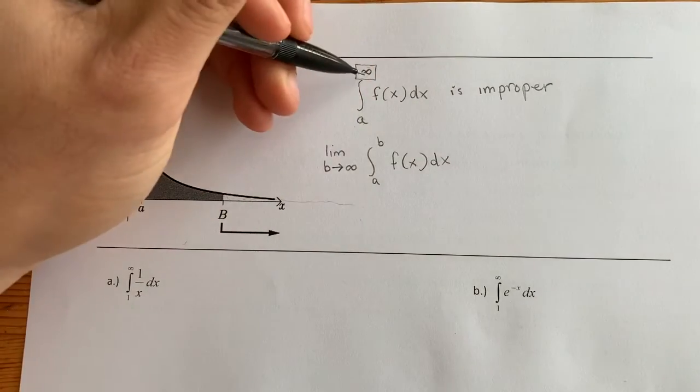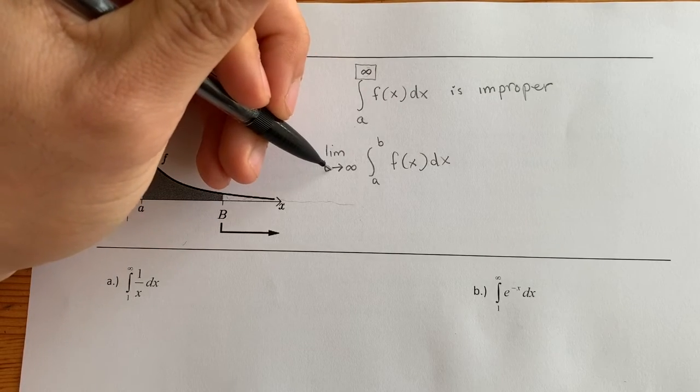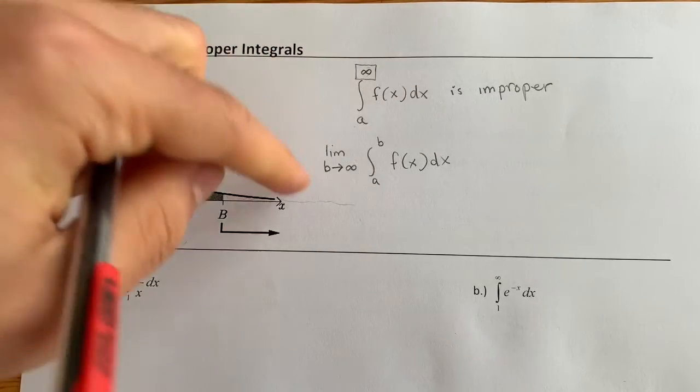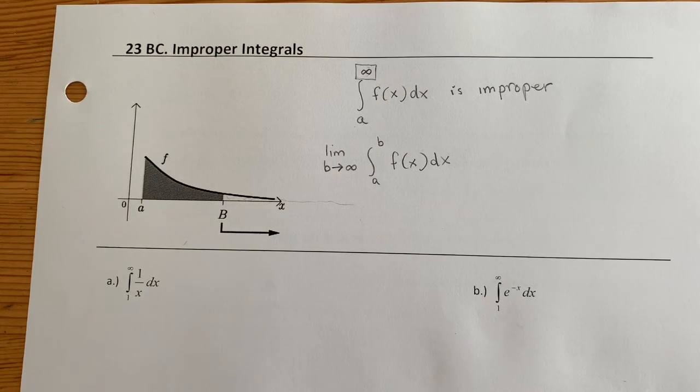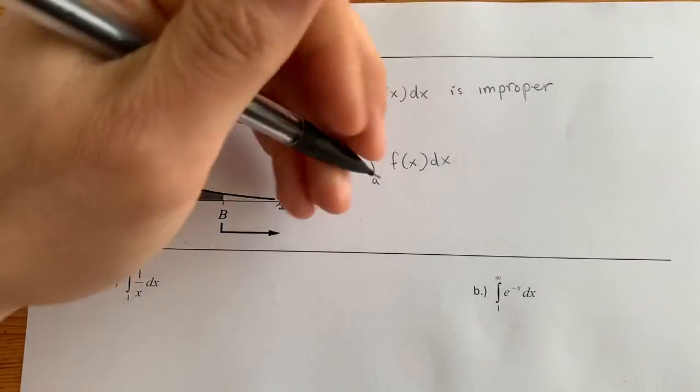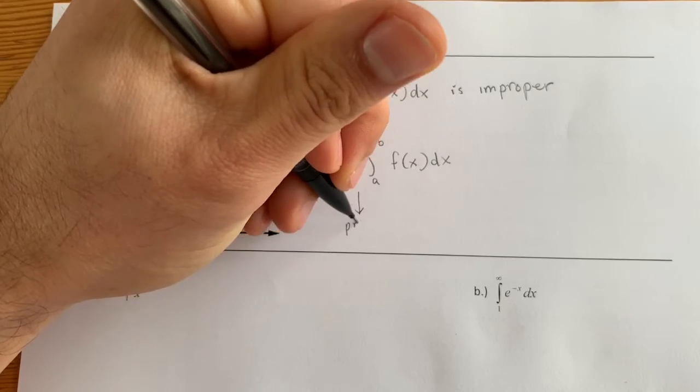That's different. You can't actually plug in infinity, but you can approach infinity, and then that makes more sense. Now, this is proper.